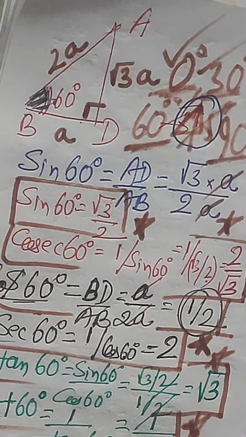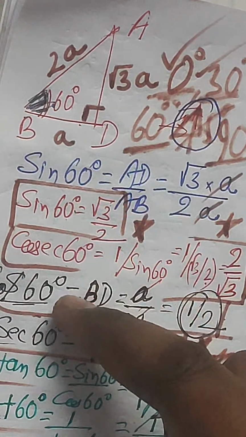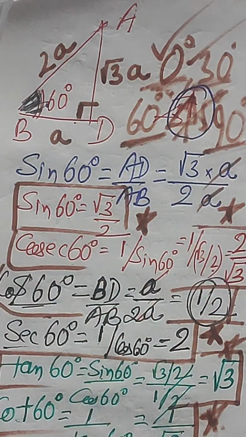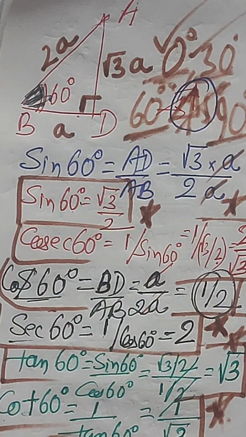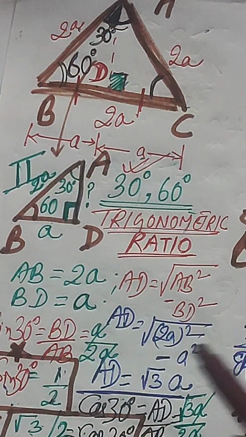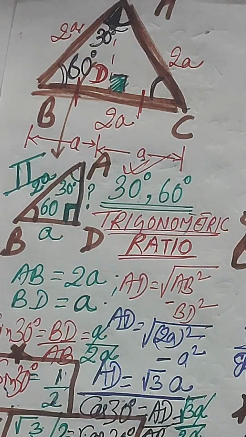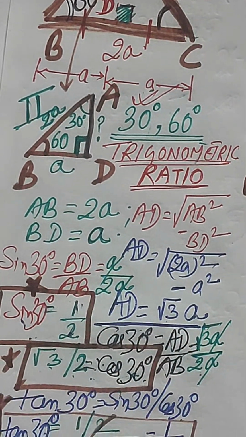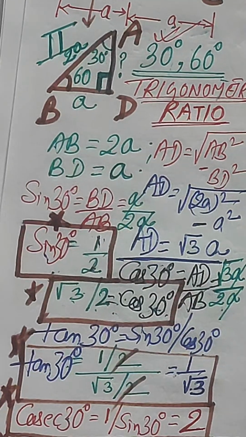Even we did it for sine 60, cosec 60, cos 60, sec 60, right? Tan 60, cot 60, everything. Even we did our calculations for 30 degree also: sine 30, cos 30, tan 30, cot 30, sec 30, cosec 30, right? So here you can see.